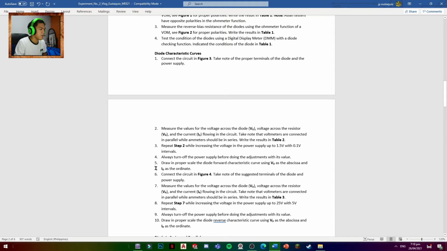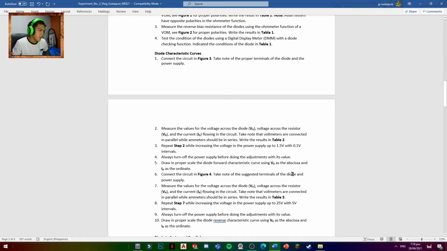Number 5. Draw in proper scale the diode forward characteristic curve using VD as the abscissa and ID as the ordinate. We're going to use the multi-simulator to plot the diode forward characteristics later. I'll show you how. Number 6. Connect the circuit in figure 4. Take note of the suggested terminals of the diode and power supply.